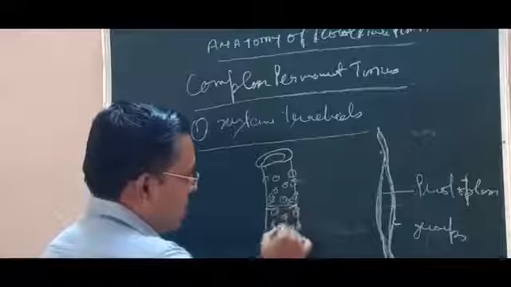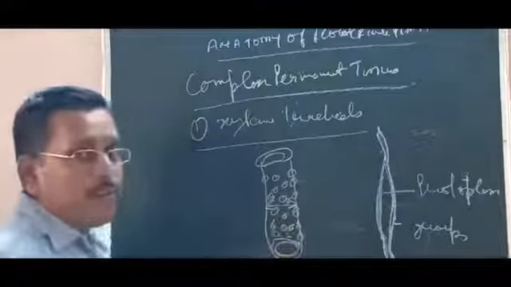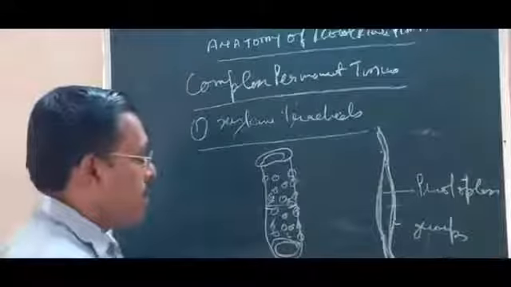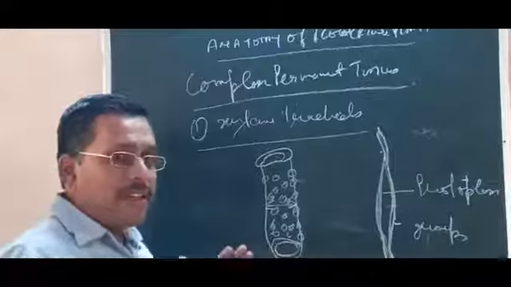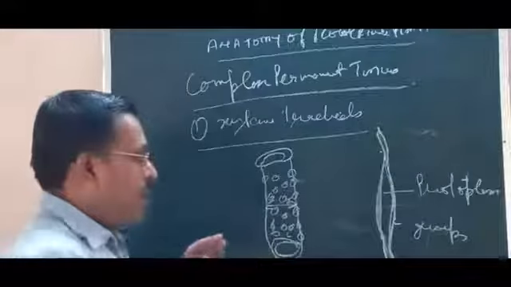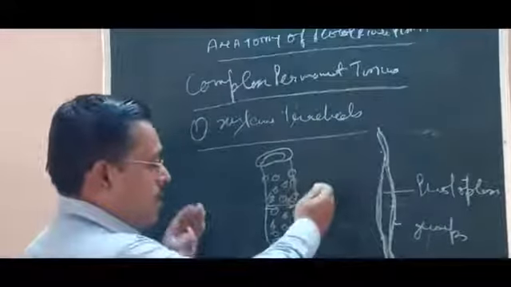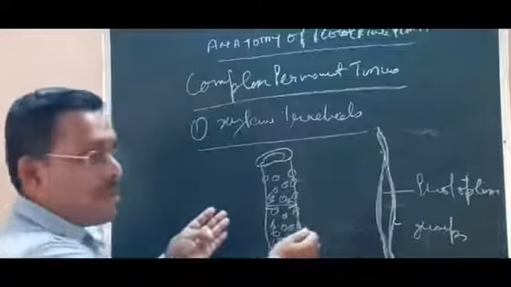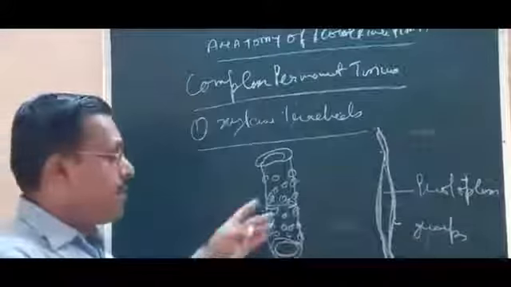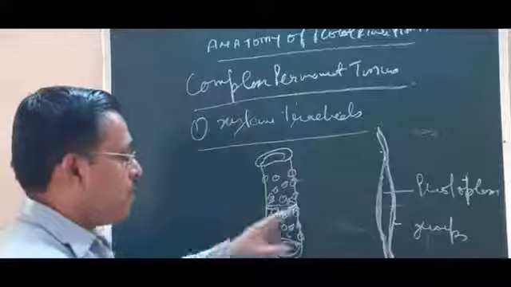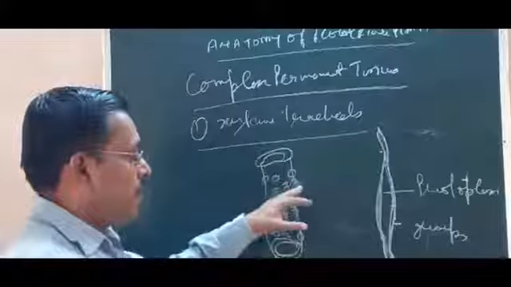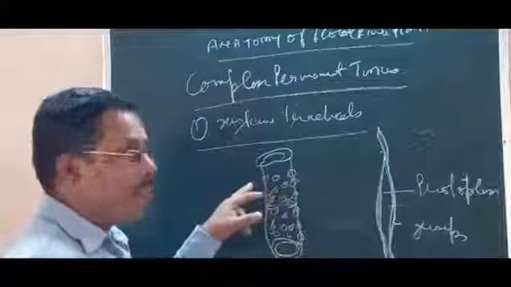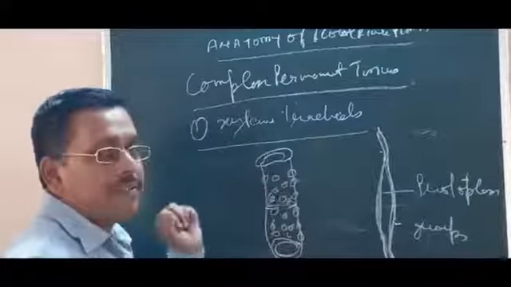They are also dead cells with no protoplasm, but they occur in groups, and the xylem vessels together constitute vessel members. So various vessel members are connected with each other through their perforations.